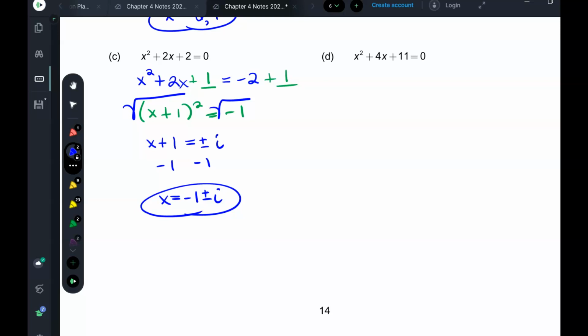Wait, so is it i to the power of 1? No, i to the power of 1 is just i. So then how is this -1? The square root of -1 is just i. So we're not square rooting i, we're square rooting -1.